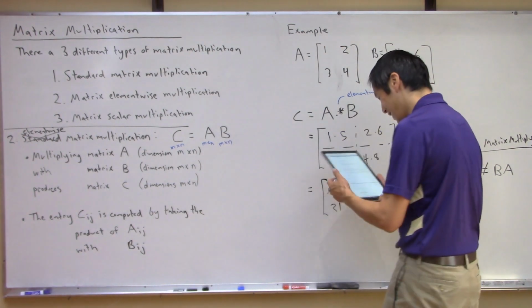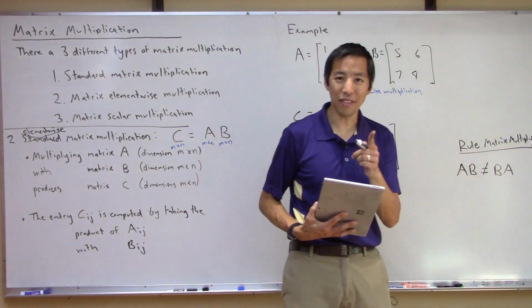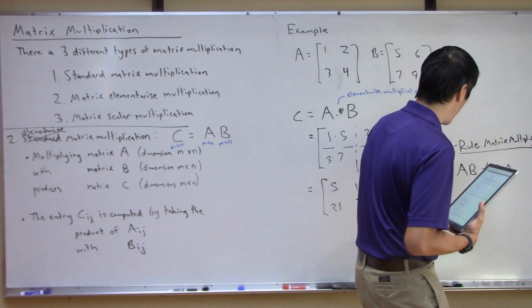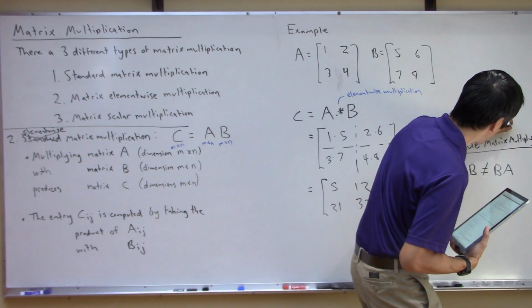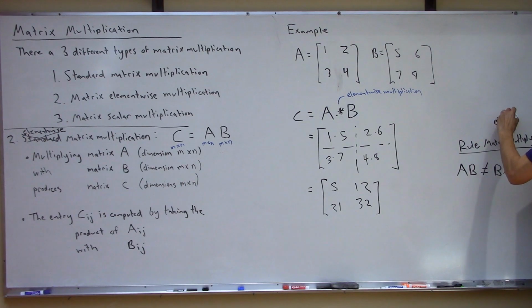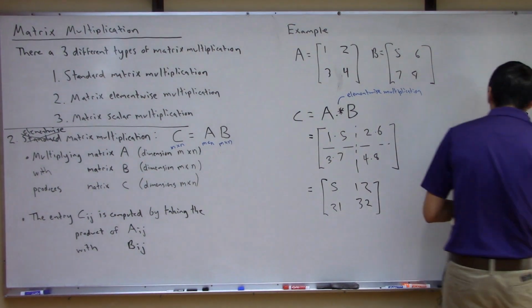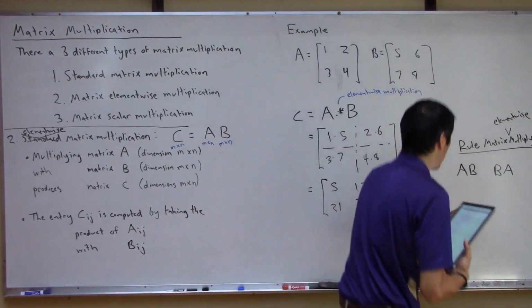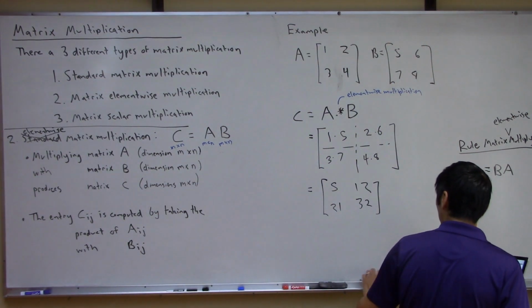Perfect. Now, what's interesting about this is for element-wise multiplication, so maybe we better insert the word element-wise, now this actually is equal to each other. And again, we better be very explicit.